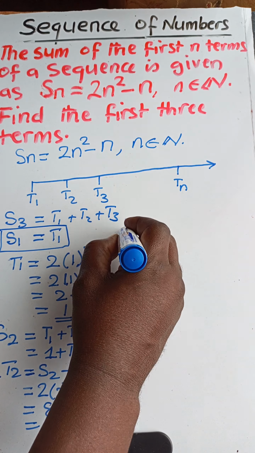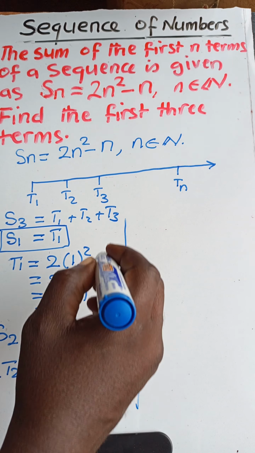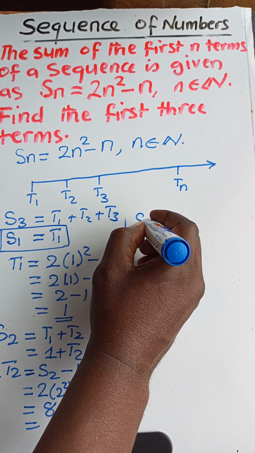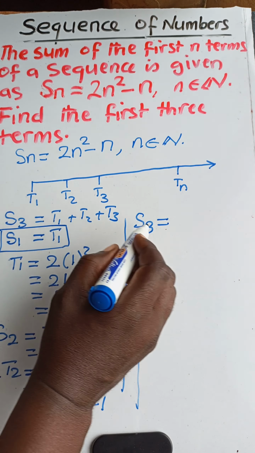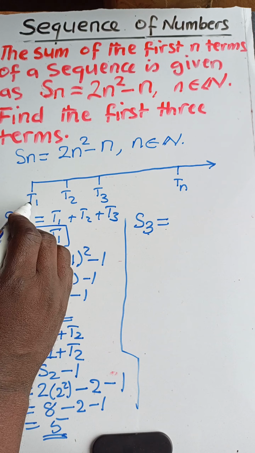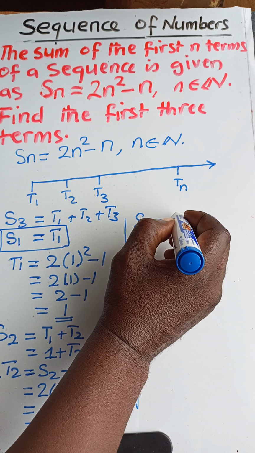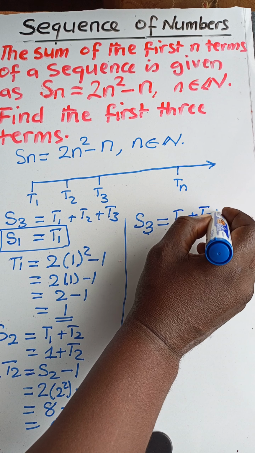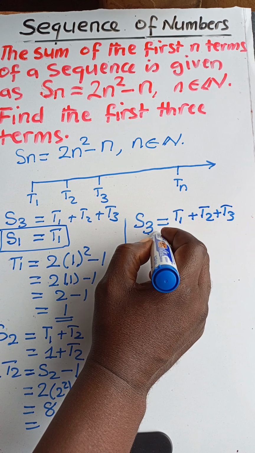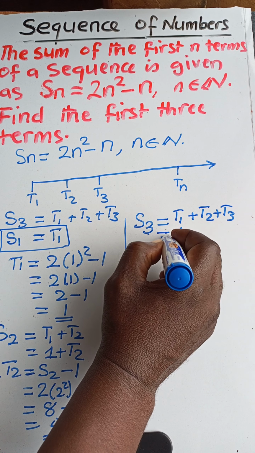Now, how do we get the third term? We also look for S3. S3 is the sum of the first three terms, which will be T1 plus T2 plus T3. We already know T1 as 1.